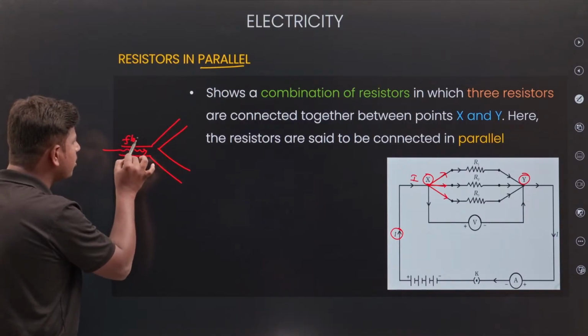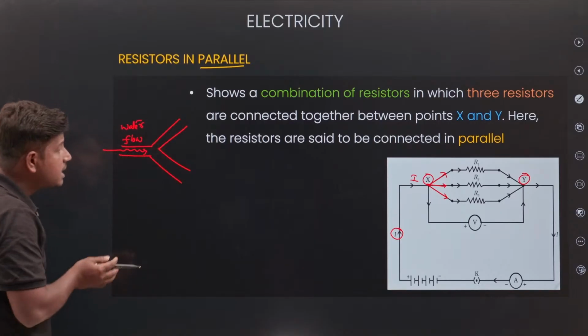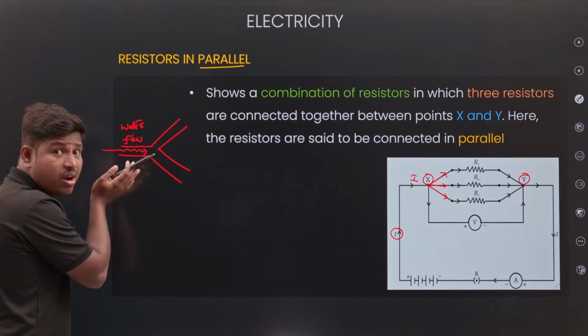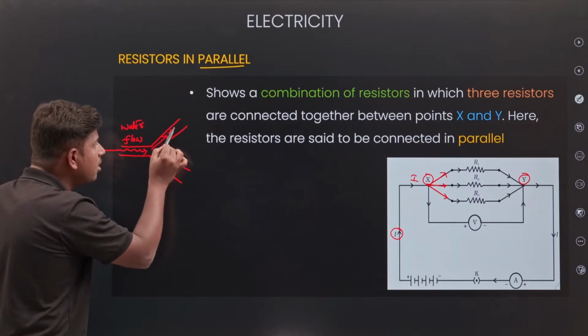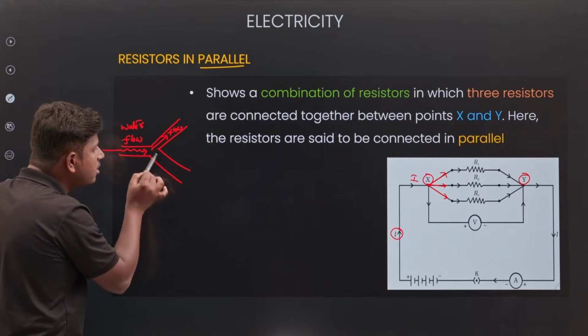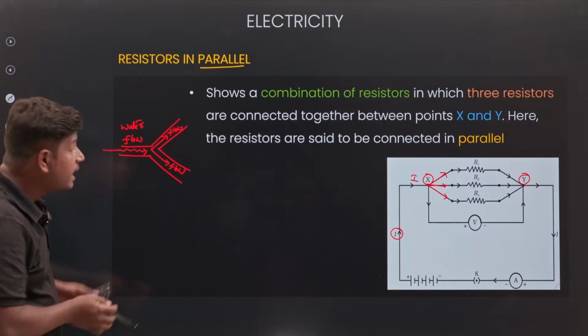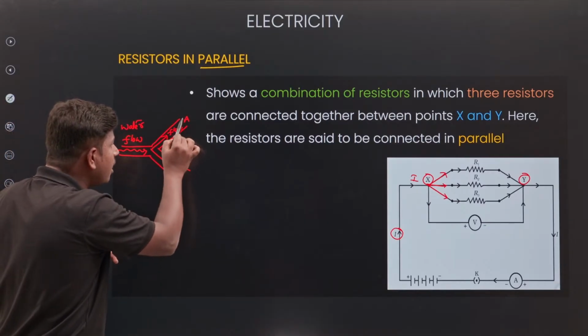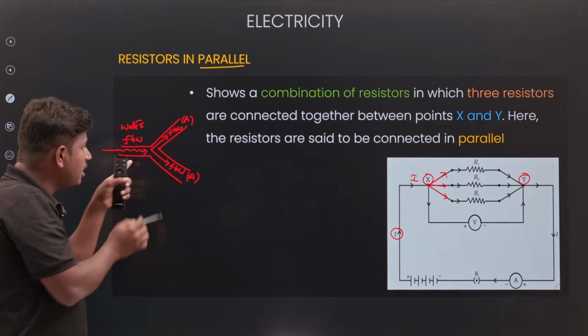In this direction also flow will be there, and in this direction also flow is there. If the area is equal, the flow will be the same.